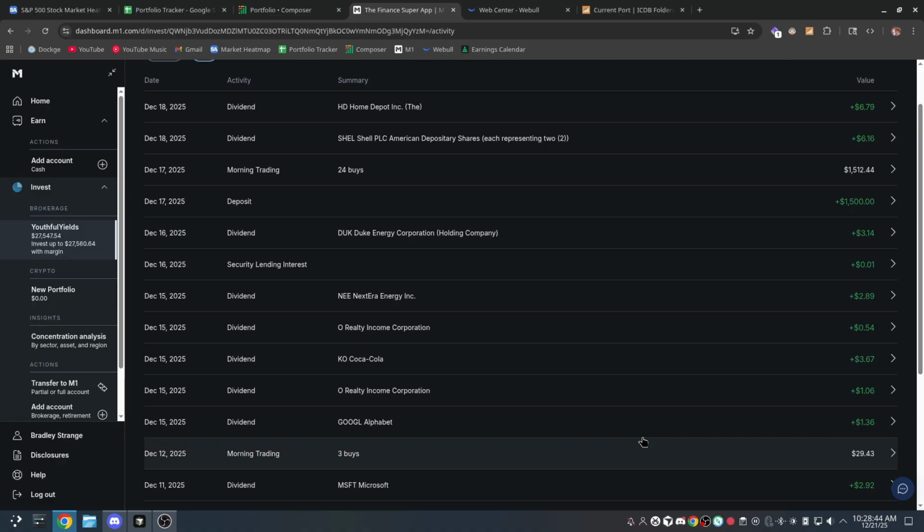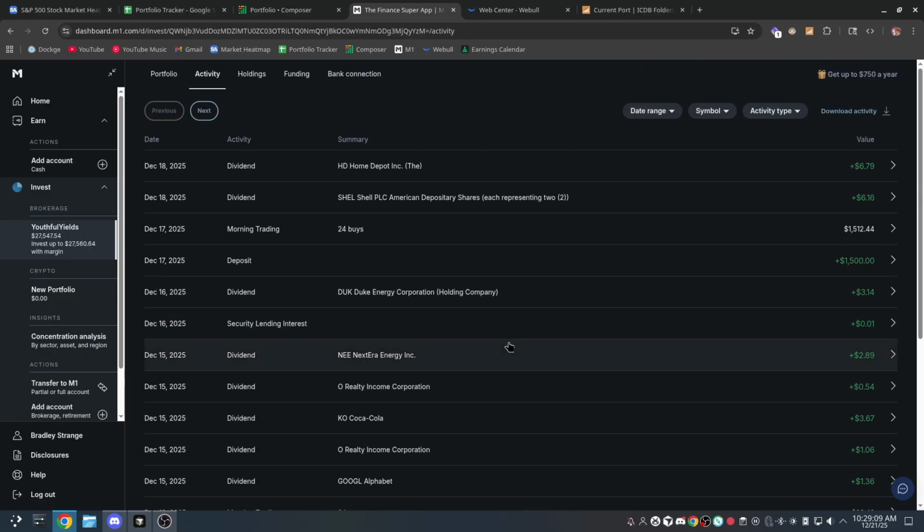You can see here we received a Google one for $1.36, Realty Income for $1.06, Coca-Cola for $3.67, another Realty Income for 54 cents, NextEra for $2.89, a security lending interest, 3.14 from Duke Energy, and then another two from Shell and Home Depot, around $6 each. So pretty nice. That's around, well, we can see in a sec here.